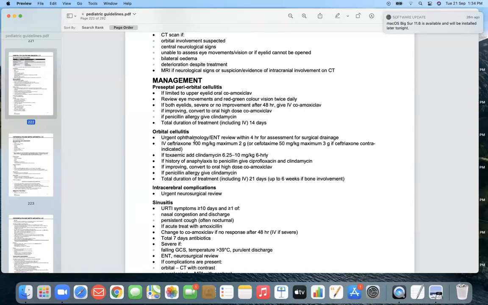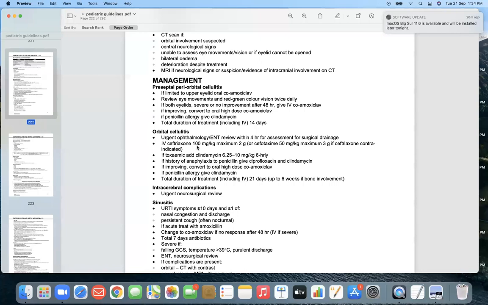You will take the basic labs and blood culture, and then start the IV antibiotics. And involvement of your consultant, ophthalmologist and ENT review as early as possible. This you have to mention.